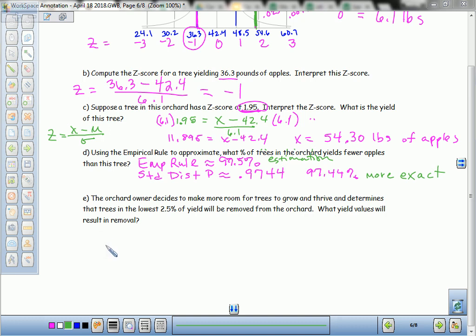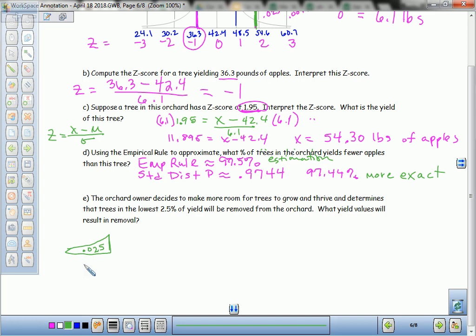So we need to find the area under the curve for the lowest 2.5%. That would be 0.025. We get rid of these guys. So this is our area under the curve.